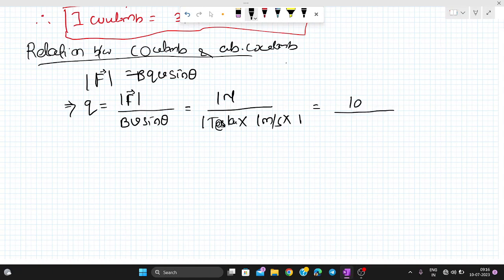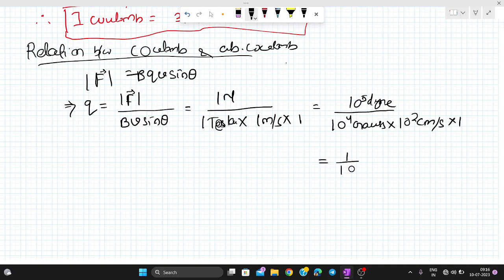1 Newton is 10 to the power 5 dyne, isn't it? Yes. 1 Tesla is 10 to the power 4 Gauss into 1 meter per second is 10 to the power 2 centimeter per second, isn't it? In CGS, and sin 90 is 1, obviously. So what will it become?